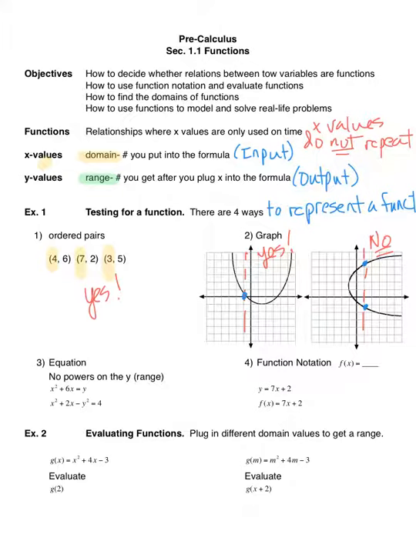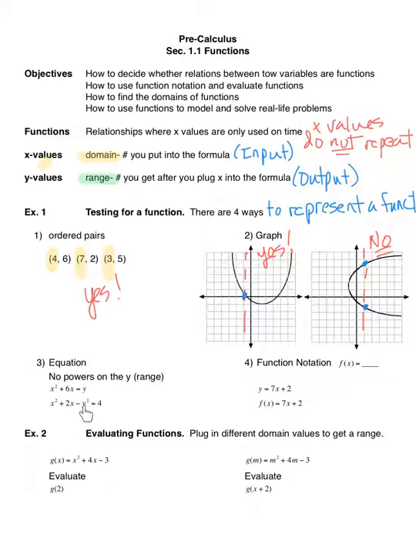You also learned in Algebra 1 to look at an equation. Let me switch my pointer out. Okay, so when we're looking at an equation, all you're going to do is look at your y value. You cannot have any powers on your range, which is your y value. So long as your y is to the first power, you're fine.